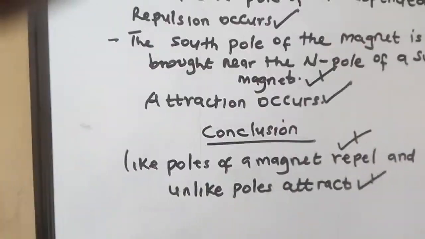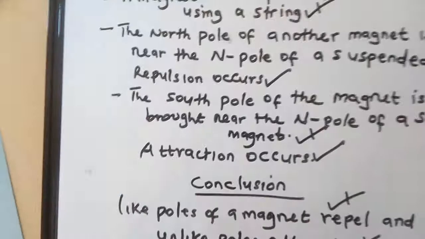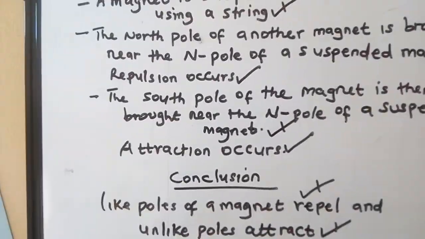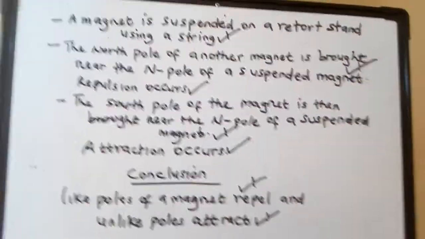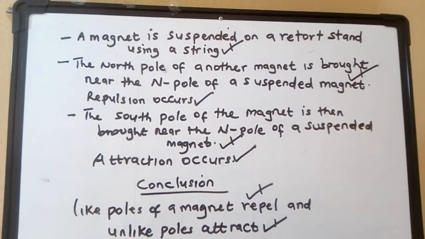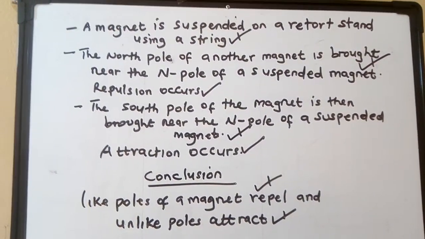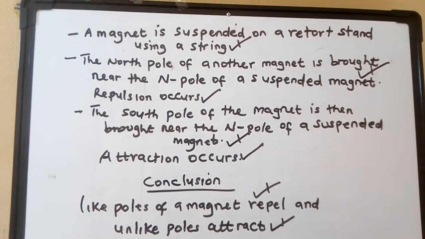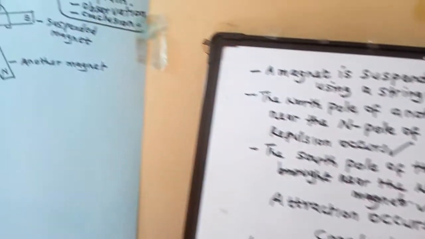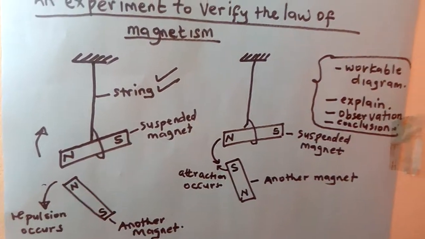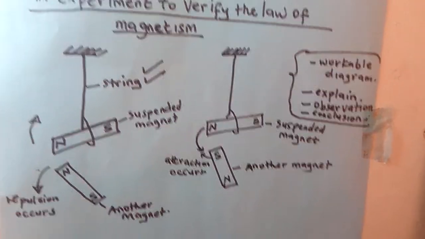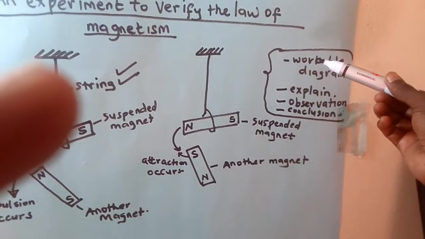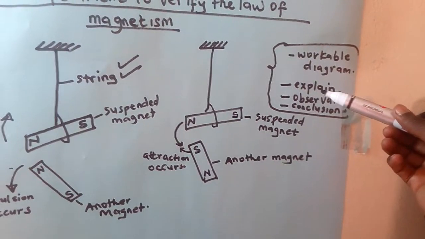So at the end of the day, this is how your answer sheet looks like. As brief as that, and yet it has all that the examiner needs. So you have the workable diagram, which is here. You have explained very well.